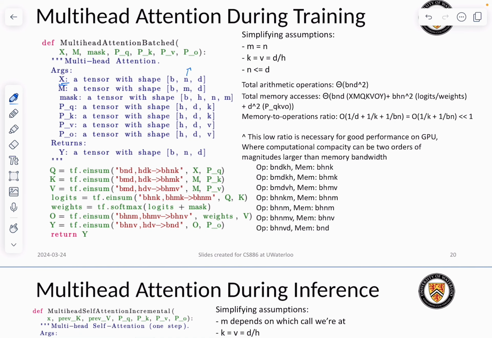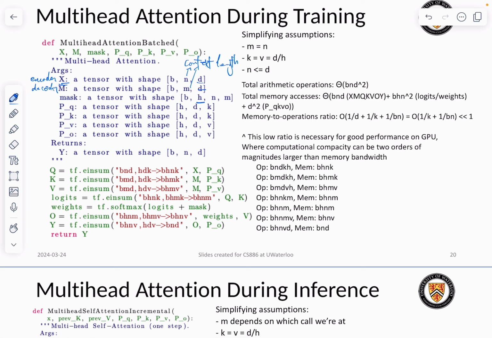And M is the input to your decoder, and it has length m. D is the size of every word embedding.